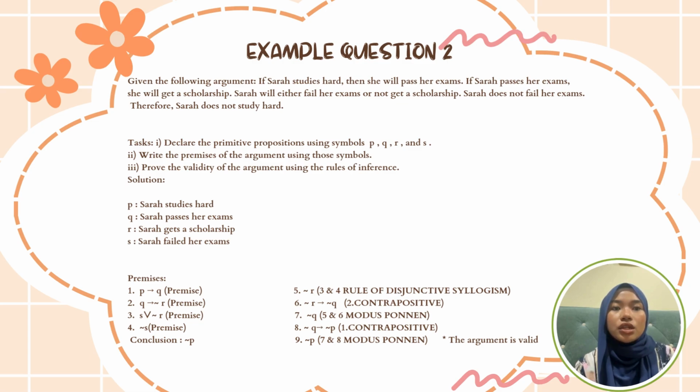We get negation Q. The eighth one is negation Q implies negation P, by using the contrapositive method on premise 1. And the last one is negation P, which is the same as the conclusion, by using modus ponens with premise 7 and premise 8. So we get the conclusion, which is that the argument is valid.